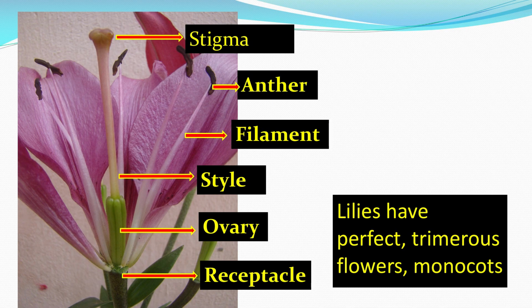Now, instead of 2 whorls, calyx and corolla, this has 1 whorl called the perianth. Wherever sepals and petals are indistinguishable, the whorl surrounding the stamens and carpels is called the perianth, and the individual members of the perianth are called tepals. It is also a perfect flower, having stamens and carpels.